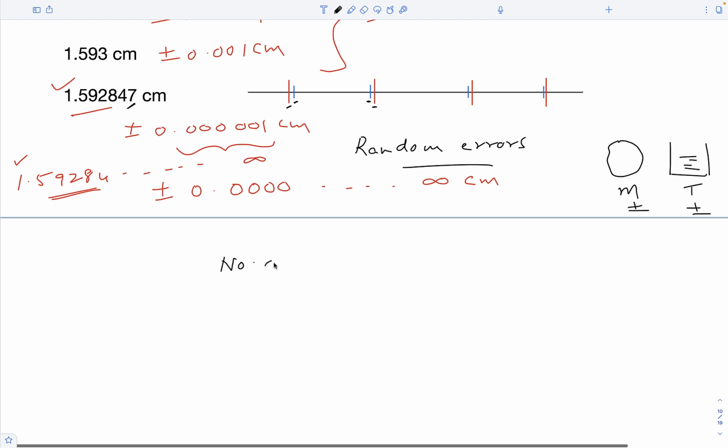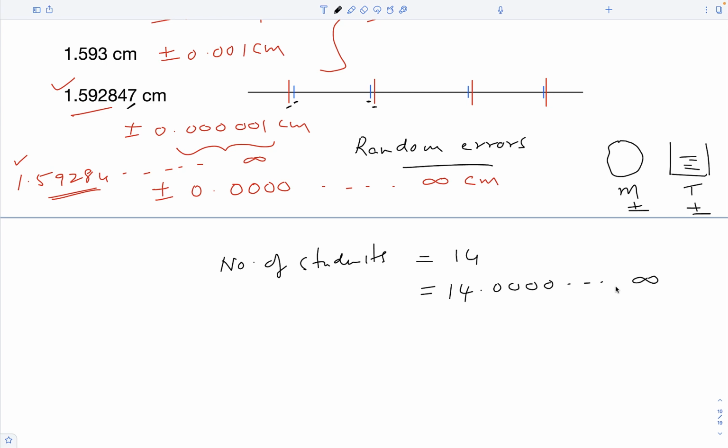When I say the number of students in a classroom is 14, I mean it is exactly 14 without any doubt. That is why sometimes I can write it as 14 with an infinite number of zeros in the decimal part. Similarly, the number of fruits in a basket, the number of books in your bag are all exact values. That is, values that you obtain by counting are all exact.